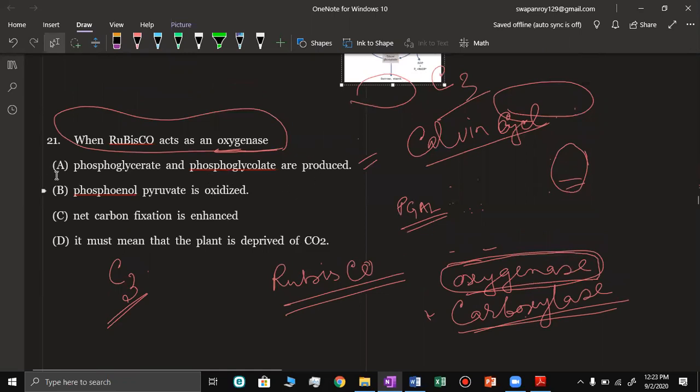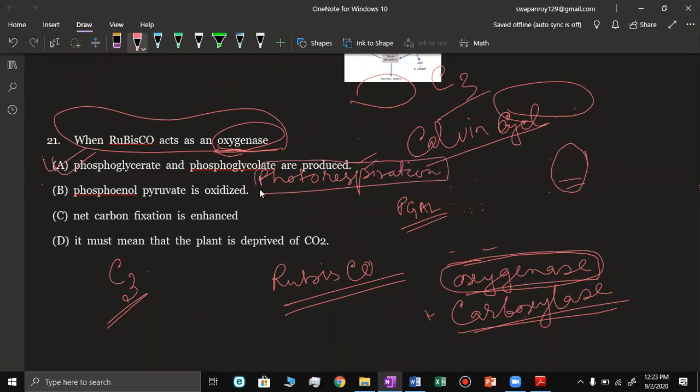Phosphoglycolates are produced, and in this case, during this process, when it functions as an oxygenase, there is a process which takes part. That process is known as photorespiration.